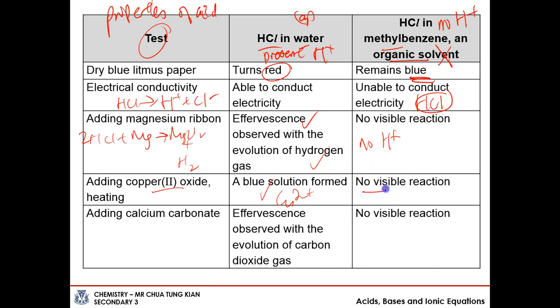Over here, no visible reaction as well. Adding carbonate, I have an acid-carbonate reaction, and I have my CaCl2 plus H2O plus CO2. So I observe effervescence and the evolution of carbon dioxide. Why? Because H+ is present. No H+, no visible reaction.